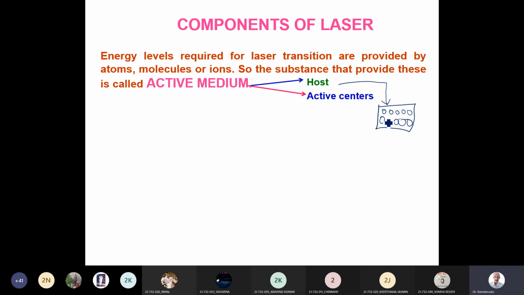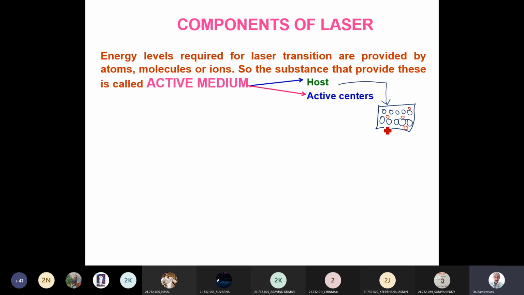But these atoms or this atomic crystal may not be able to provide active centers, that means they may not be able to give the metastable states or metastable energy levels. Therefore, what I do here is dope some other element into the given crystal, some other atoms.